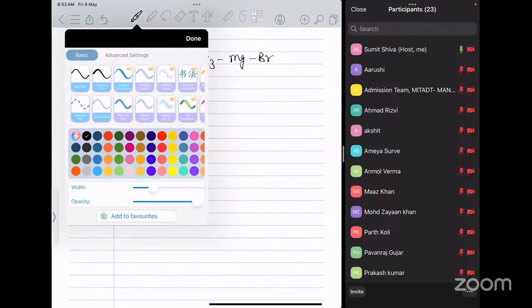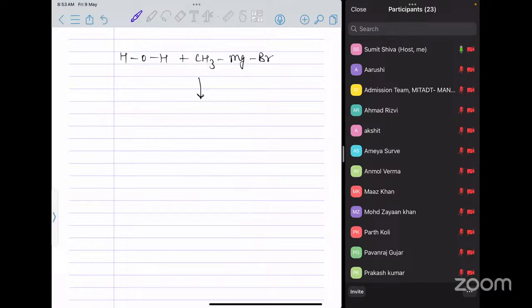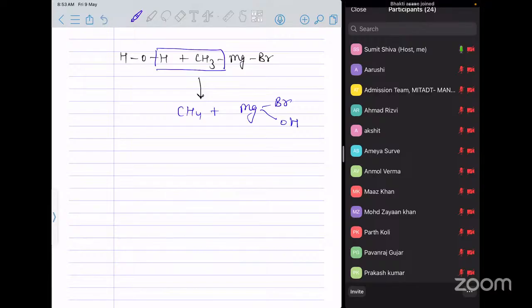So RMgX will show a reaction with H2O, and we will have CH3 bond H, that is CH4, plus MgBrOH. Understood or any doubt? In some books we write it as MgOH Br.